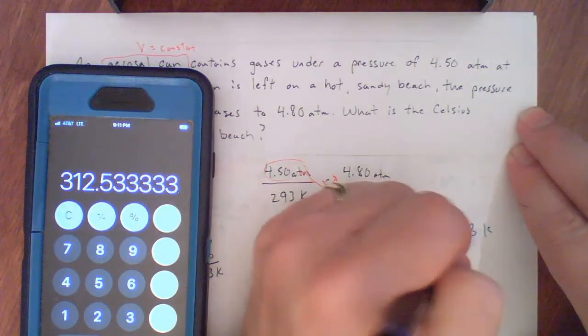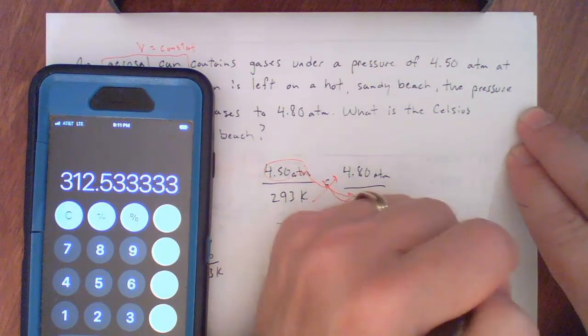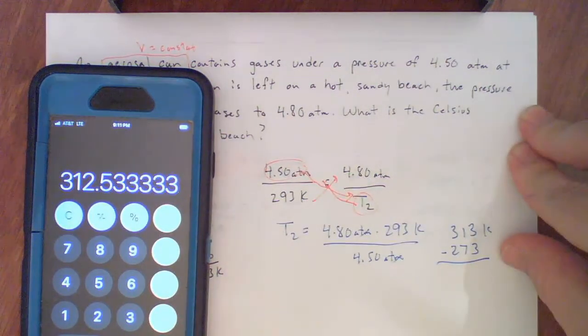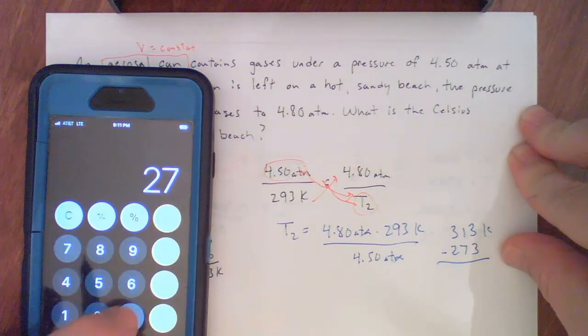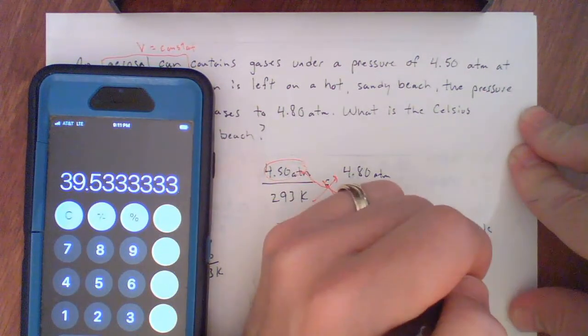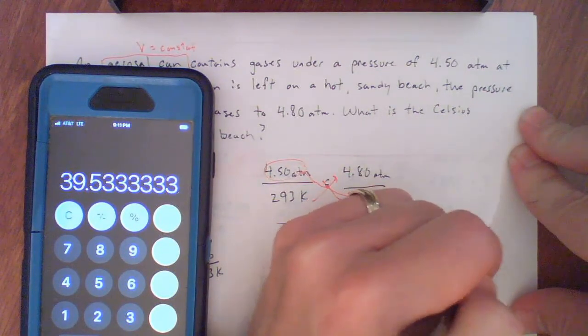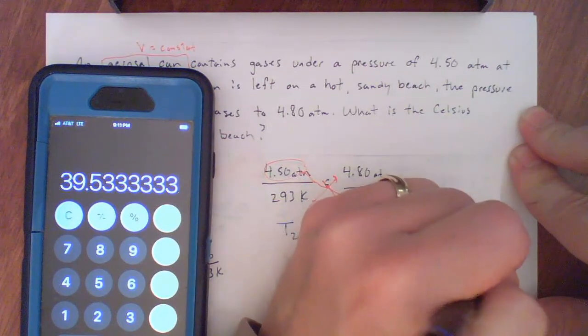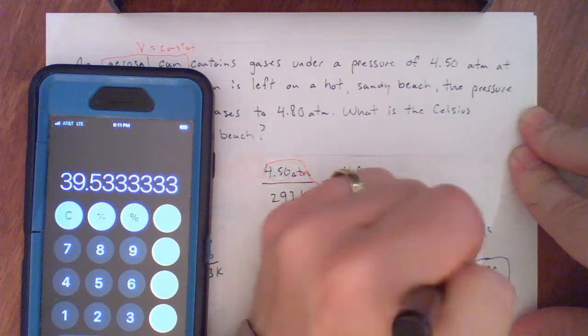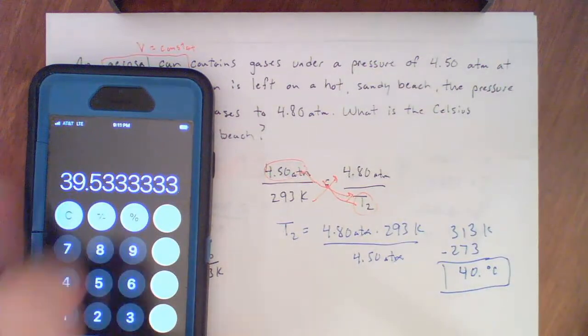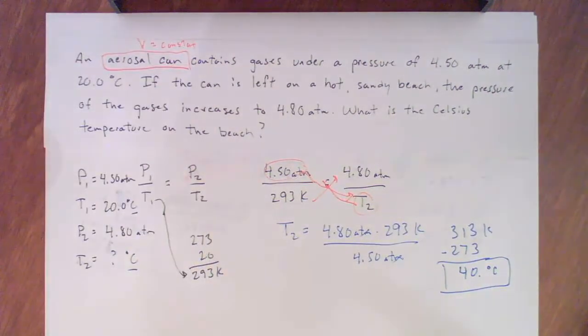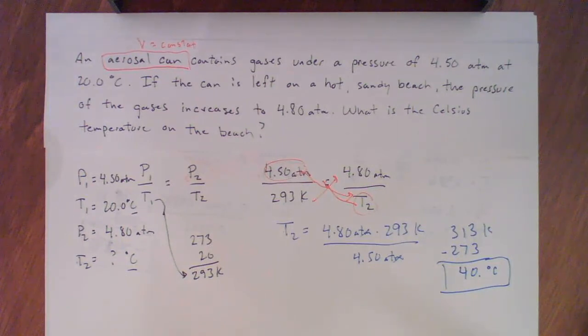Now we have to subtract our 273 because they wanted the answer in Celsius, so minus 273 comes out to be 40 degrees Celsius. Okay, and so that's our three examples. In the three examples that I showed, nowhere did we use all three variables at the same time, but we could have. So you just have to be aware, we could use all three variables.